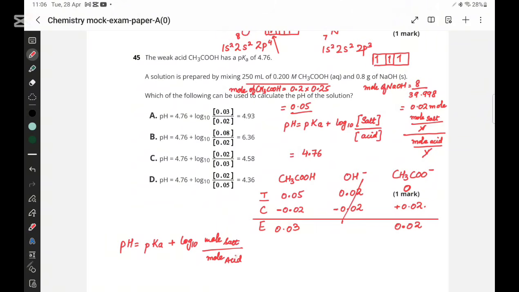So what is going to happen? pKa is 4.76 plus log of the moles of salt, which we have found to be 0.02, and for acid we have 0.03. After calculating, the value is going to be 4.58. The answer is C.